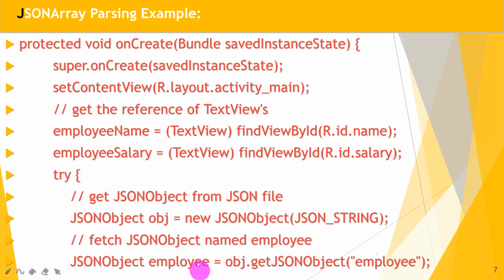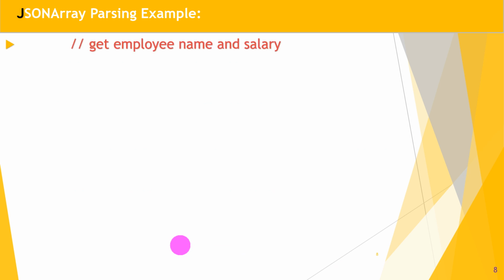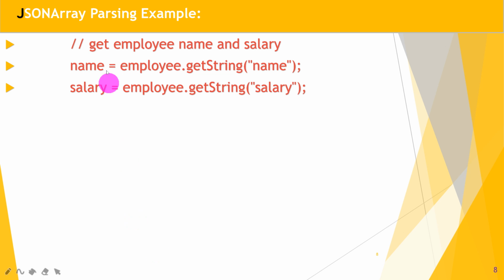So this is the object or instance of a JSONObject which contains the employee JSON object. Guys, hope you understand.